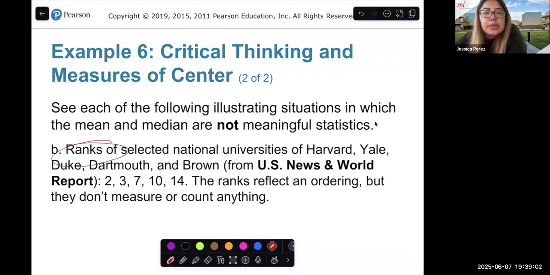Rankings do not have any meaningful statistics either. They are also not measures of center. They just reflect order, but they don't measure anything. So again, we shouldn't just look at these numbers and take them. We actually need to make sure they represent something, that they represent a measure.